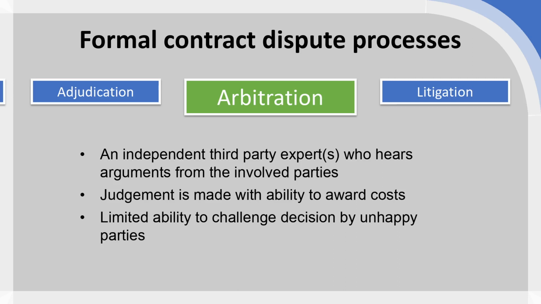However, dissent from an arbitrator's decision based upon unfairness is not possible. So you cannot challenge the decision of an arbitrator based upon something which is not part of the actual process of arbitration.